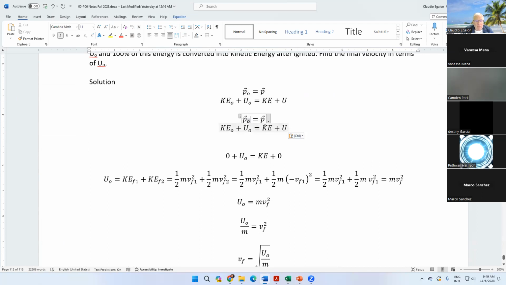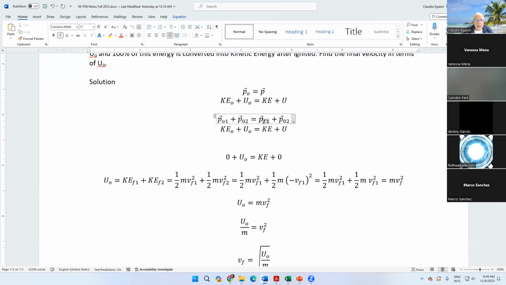Here you go. You're gonna have P01 plus P02. I am doing vectorial notation here, but because it's a one-dimensional collision, we can remove the vectorial notation from those letters. Okay, P final 1, P final 2. Don't forget that U0 is equal to U because they're propagating on the same surface, right?